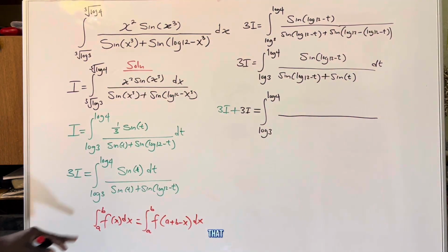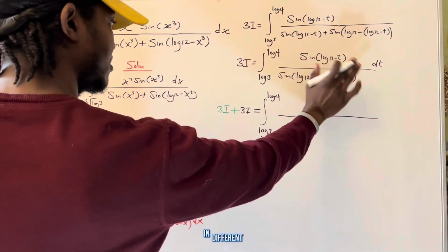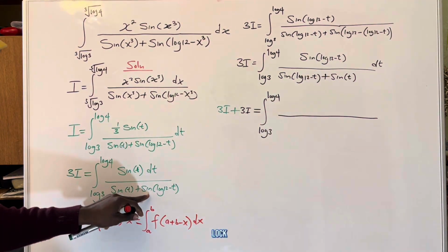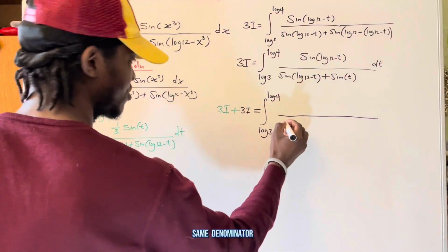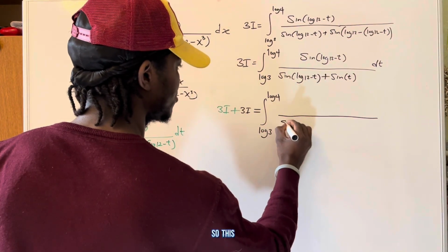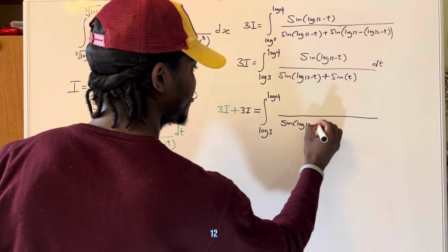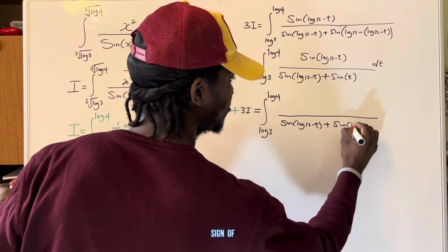And remember that they both have the same denominator. They are just written in different form, but this is sine t plus sine of 12 minus t, and this is the same thing. So we maintain the same denominator according to the fraction rule when you're adding like fractions. So this will be sine of log of 12 minus t plus sine of t.